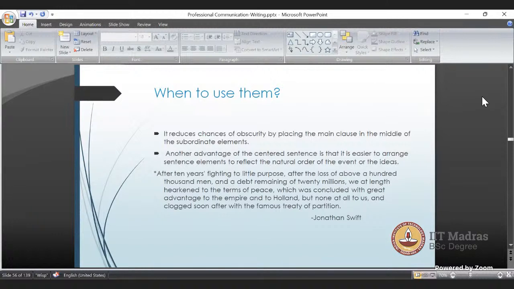And then after it concluded, so they talk about we at length hearkened to the terms of peace. Okay, we tried to bring peace through these things, but when all this concluded, it gave advantage to the empire and to Holland, but none to us. Okay, and clogged soon after with the treaty of partition. So it is all given in the order of sequence that happened.